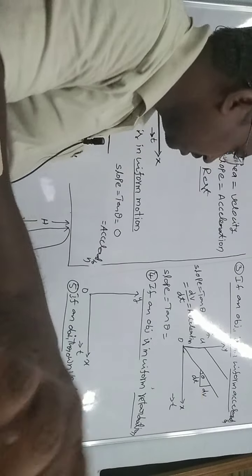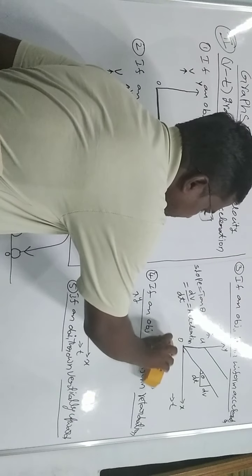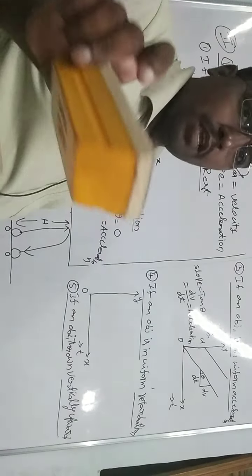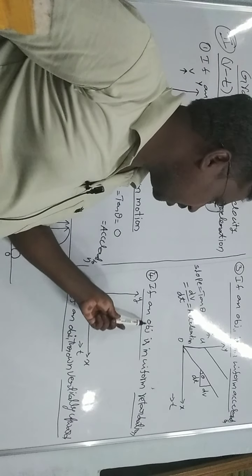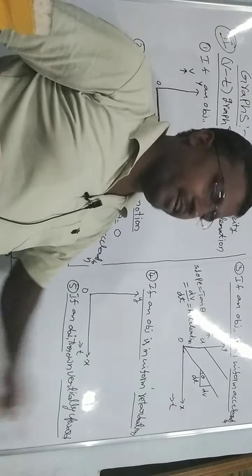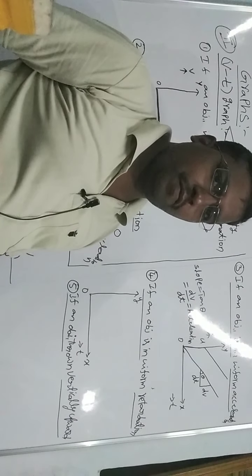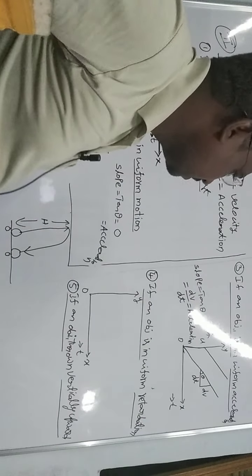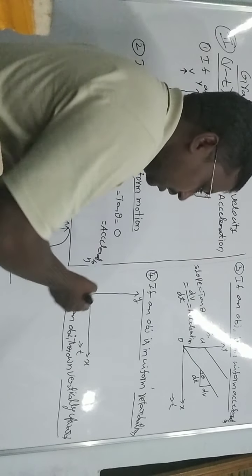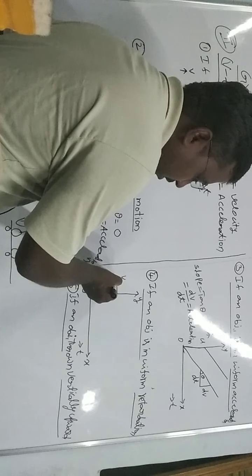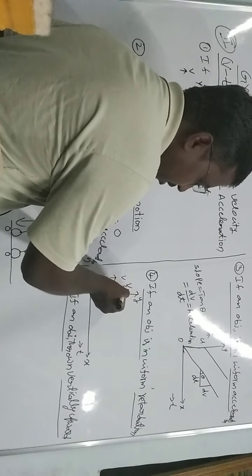Now we take another case, if an object is in uniform retardation. Uniform retardation means that before the brakes are applied, the velocity of the object is maximum, that is V naught.